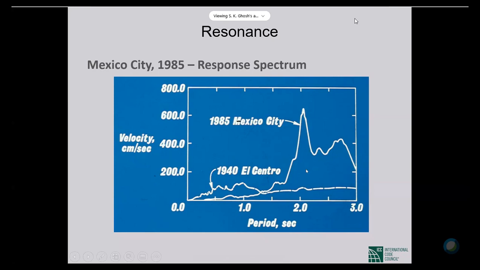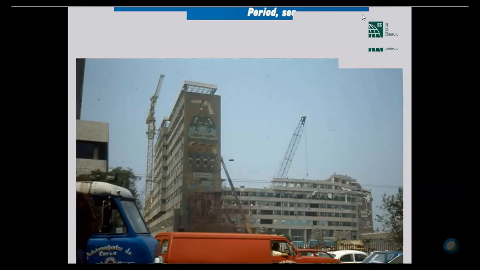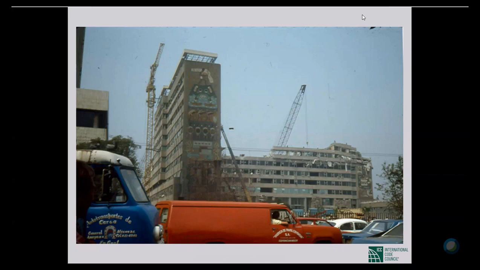The important thing is that the response peaks at a period of 2 seconds, which is the predominant period of the soft soil. So, 2 second predominant period of the ground motion. So structures with a natural period of about 2 seconds would be the worst hit.